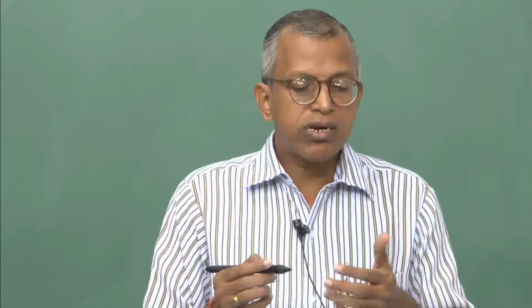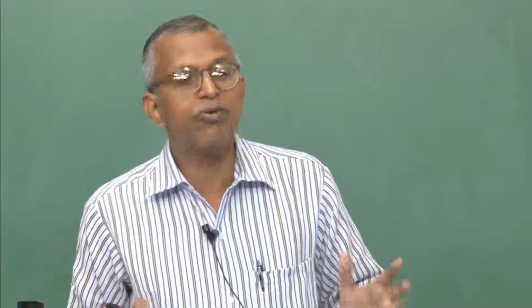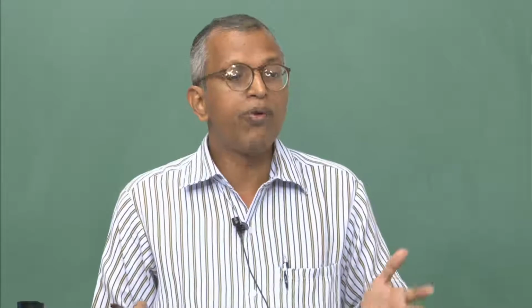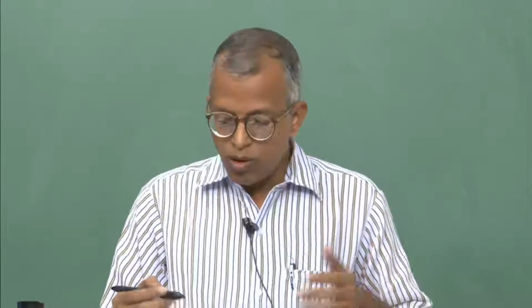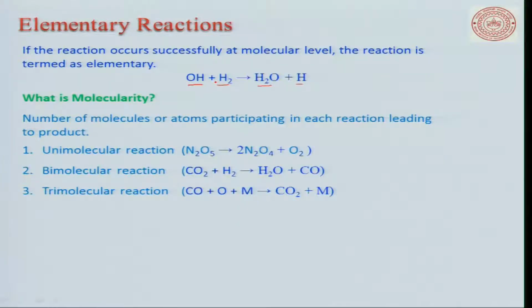So, based on this molecularity, in this reaction two are participating, OH and hydrogen, therefore we call it a bimolecular reaction. Similarly, if it is a single molecule and it is decomposed, then we call it a unimolecular reaction. So, reactions can be broadly divided into 3 categories.